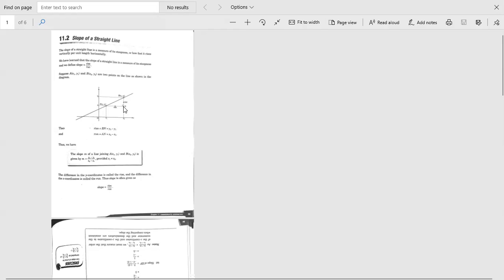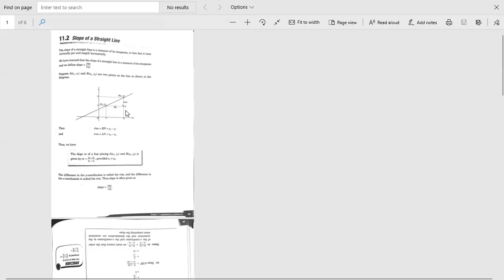So if we want to figure out the distance, let me remind you that distance is always positive, right? So if we want to figure out the distance between A to N, we want to use X2 minus X1. So this part we call run.